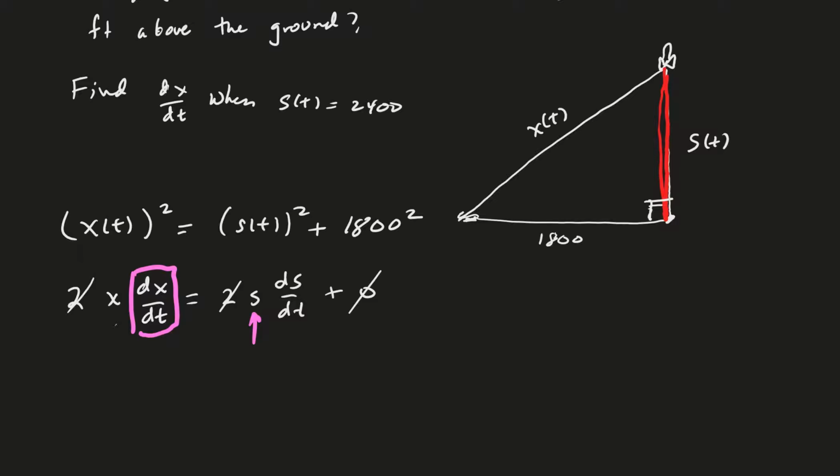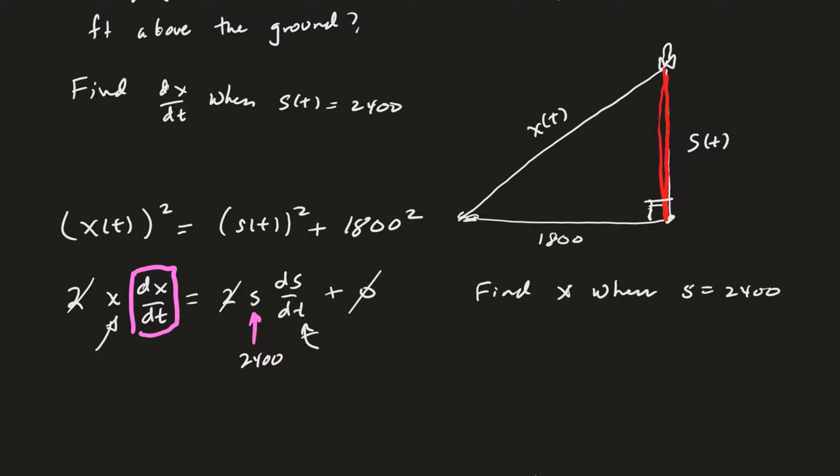So I know that's 2400, but I still need to find ds over dt, and then I'll also need the x, right? So how am I going to find x? Let me make a note here: find x when s equals 2400.